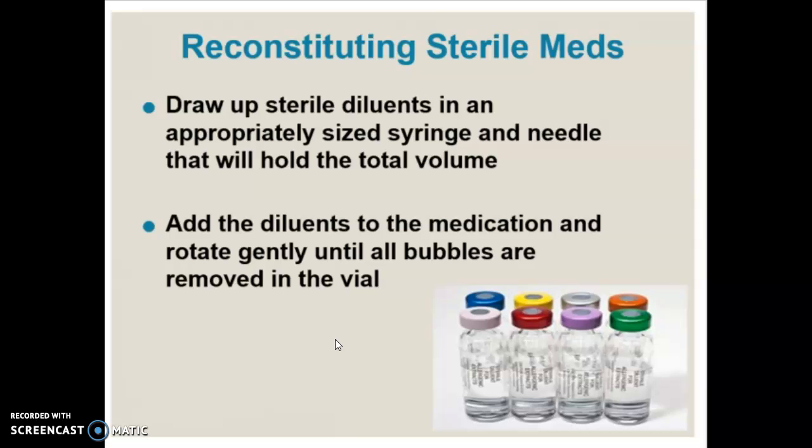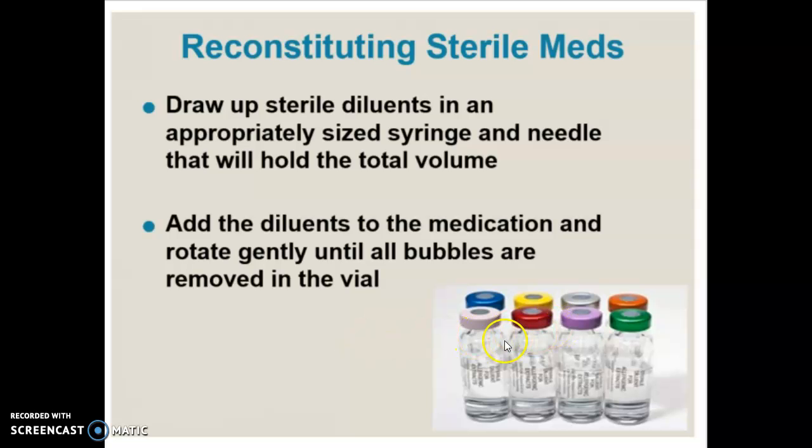Reconstituting those sterile meds. If you're working with the sterile medications, those are usually ones that are going to go into a vein of some sort. A lot of your oral medications don't have to be sterile. And I'm not talking just cleanliness here. Okay, sterile field as in, gowned up, gloves on, all that sterile field stuff.